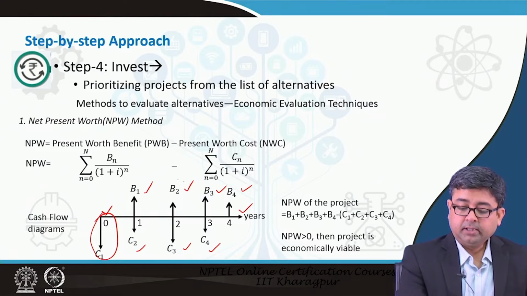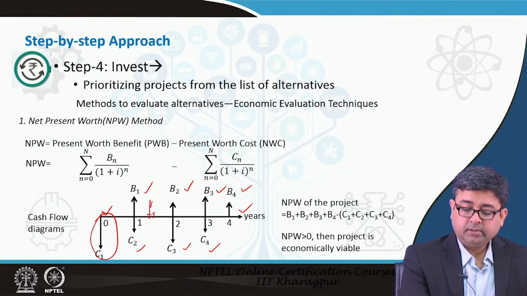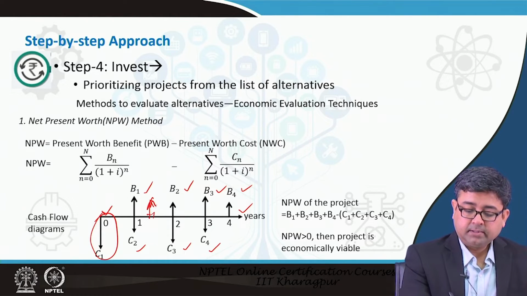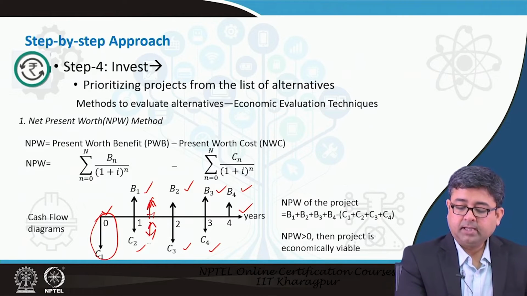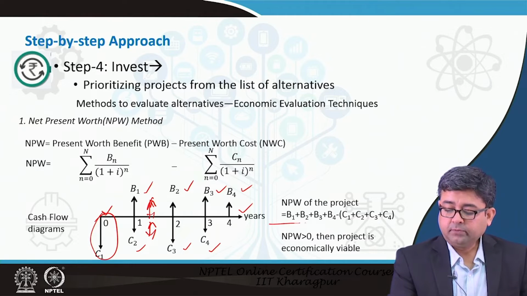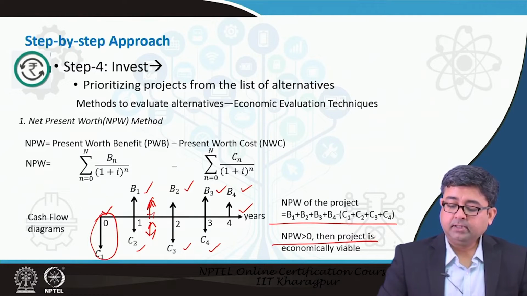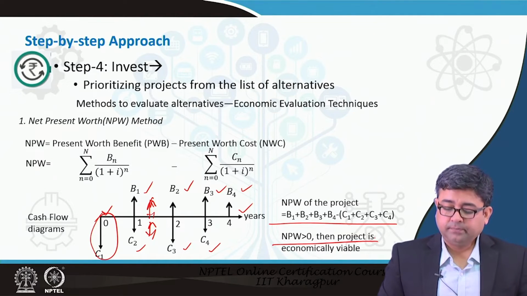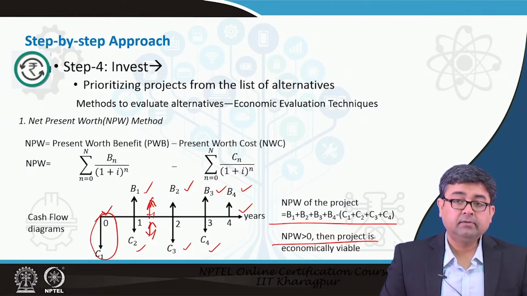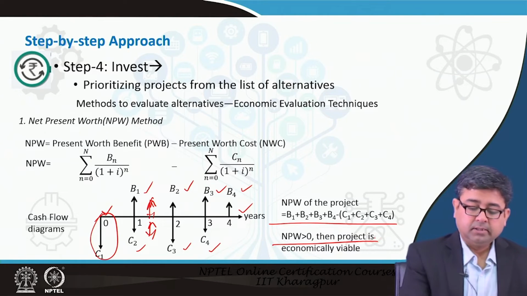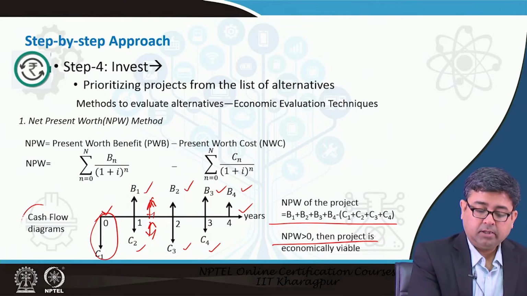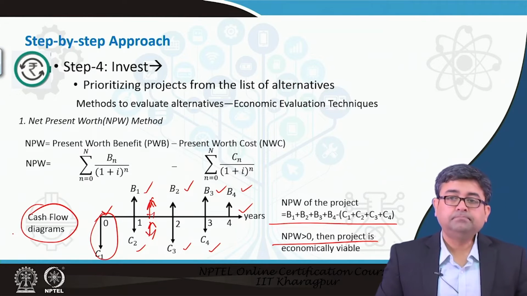So, hopefully these benefits are higher than this, or cumulatively they are higher than this. So, if you add this and NPW is greater than 0, then the project is economically viable. Okay. This diagram is usually called a cash flow diagram.